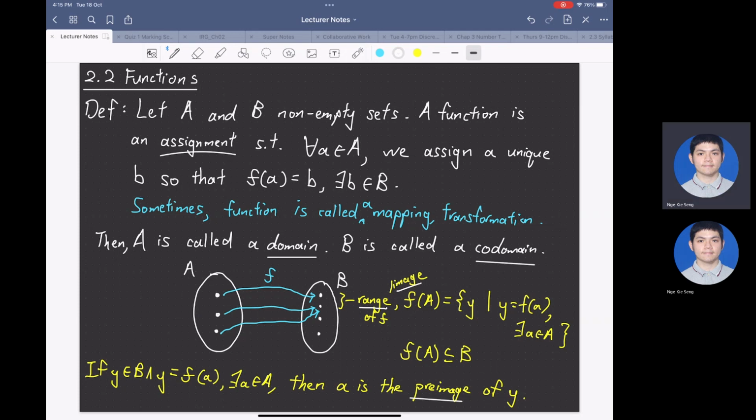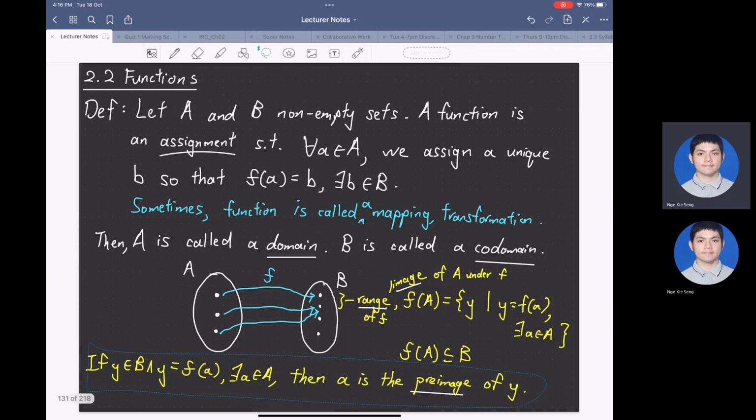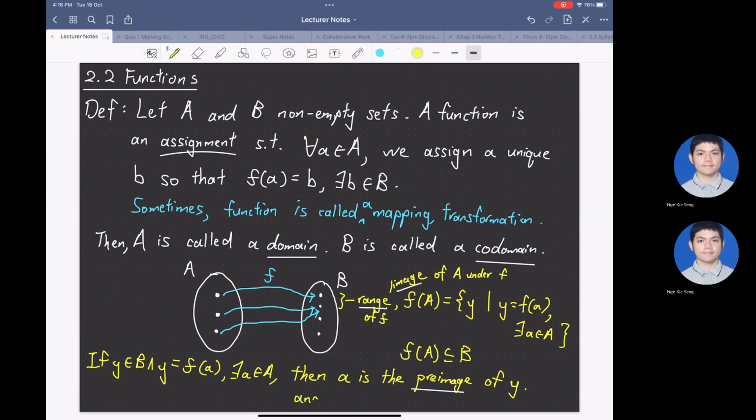Domain and codomain are sets, and the range is also a set. Image could be the image of a set or the image of an element. Let me rewrite this. This one should be called the image of A, and we can also have the image of an element: y is the image of a.